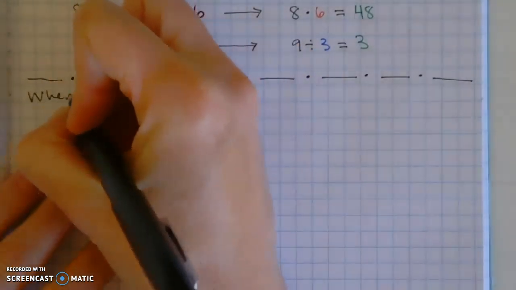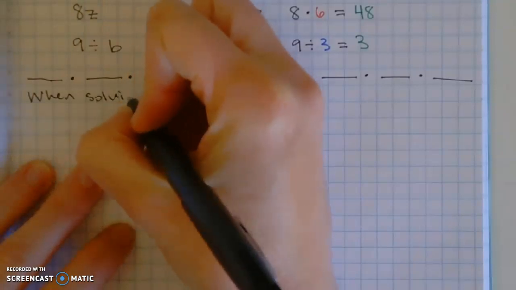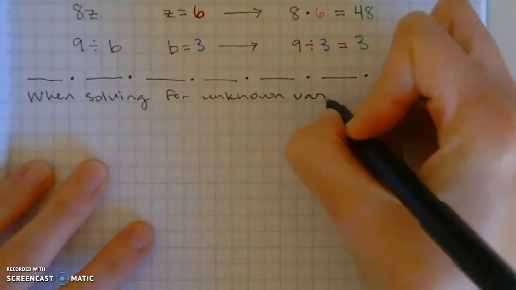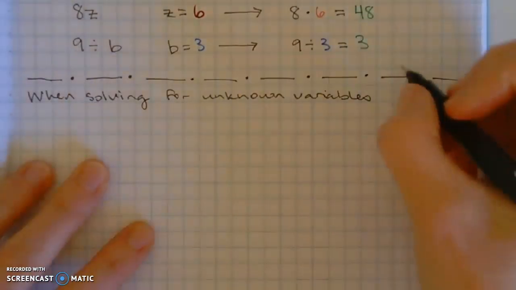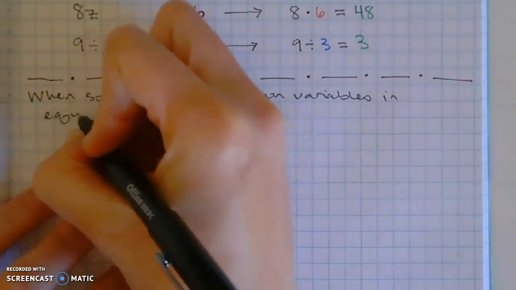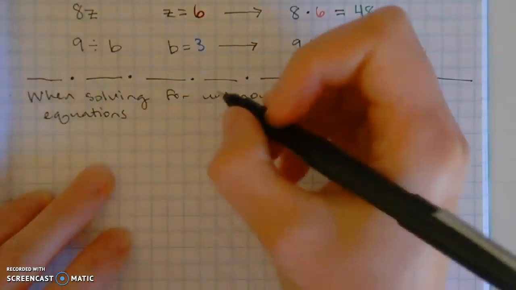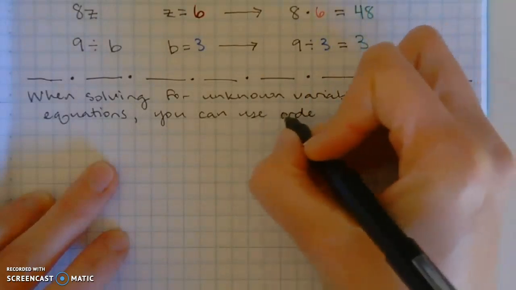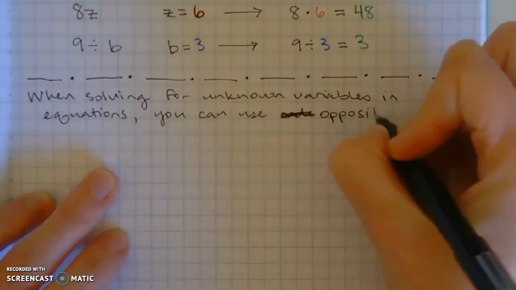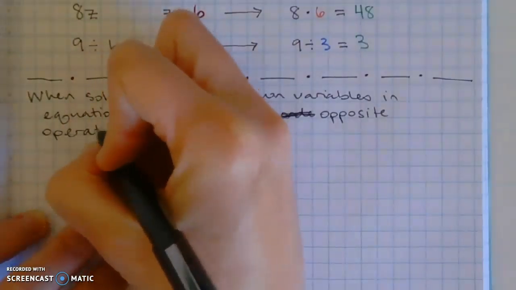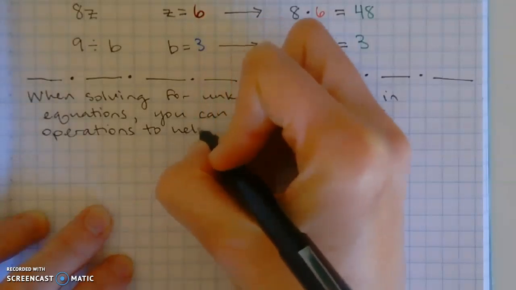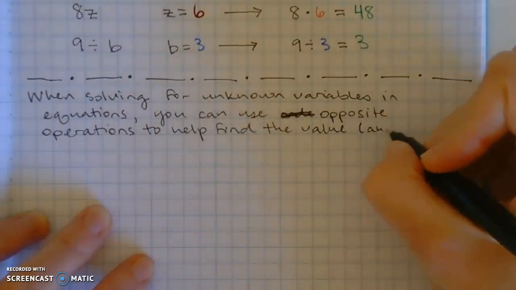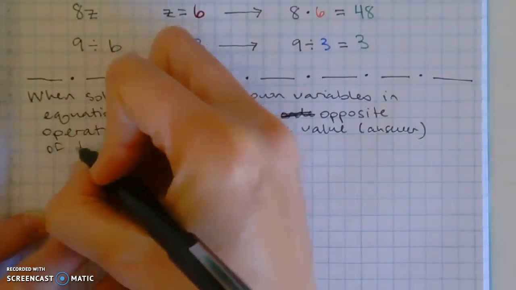So when we are solving for unknown variables in equations, and remember equations are those number sentences that we have the answer to, you can use opposite operations to help find the value, and that's like the answer of the variable.